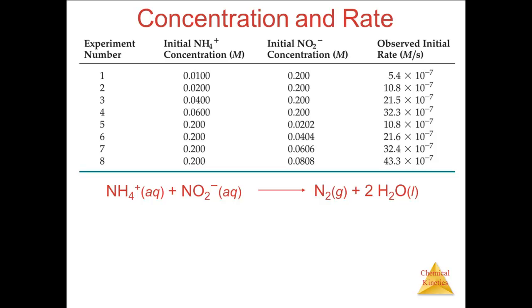If we look at the first four experiments, we see that the concentration of NO2- does not change, while the concentration of NH4+ does change. So any change in the initial rate of the reaction must be due to the change in the initial concentration of NH4+.